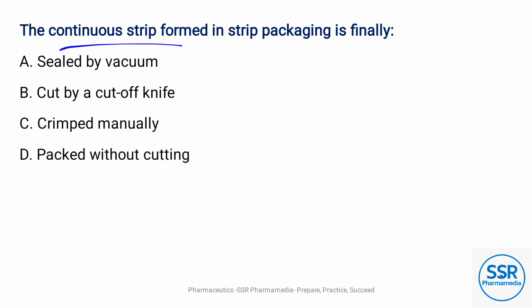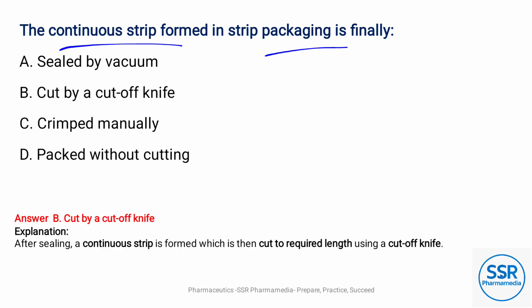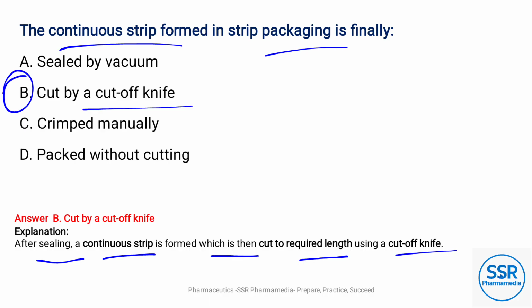The continuous strip formed in strip packaging is finally, option B, cut by cut off knife. After sealing, a continuous strip is formed which is then cut to required length using a cut off knife.